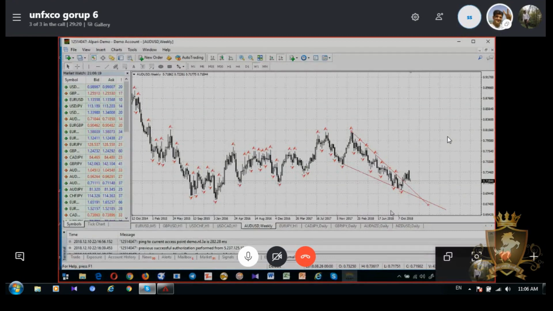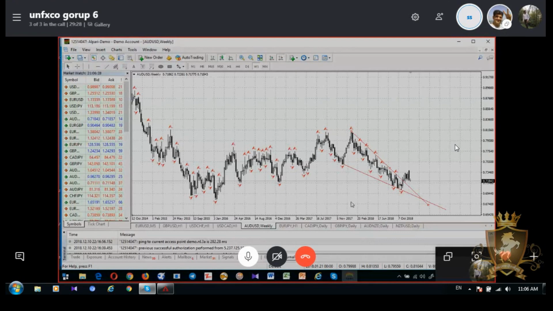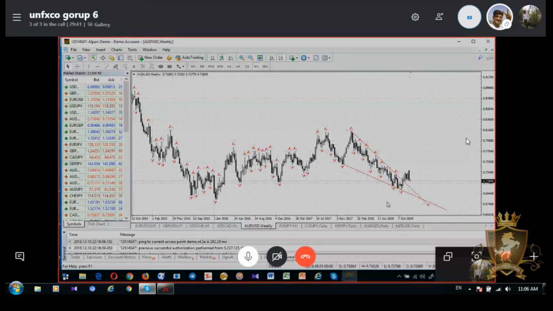The only time that you're successful in this market is that you get the exact point of the market. But you're seeing it in the weekly. You don't know what's going to happen. So let me put the time frame lower and see what trade I should do.